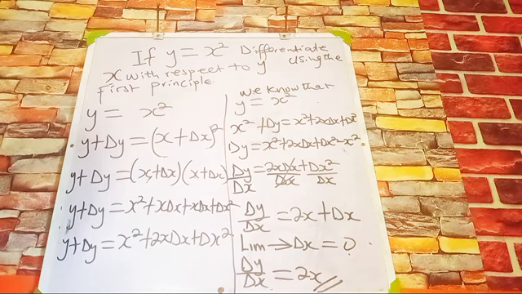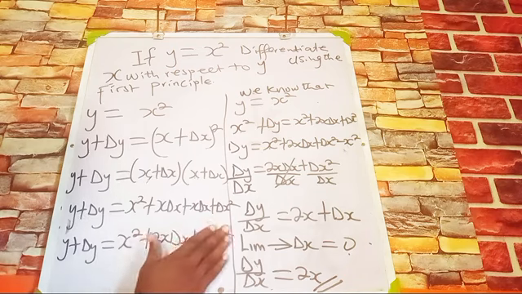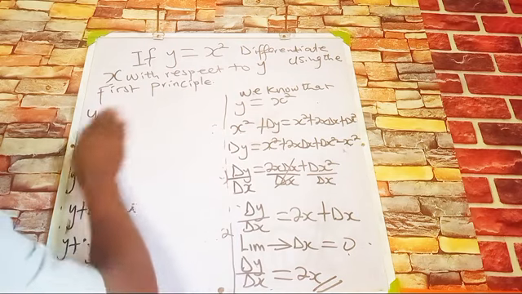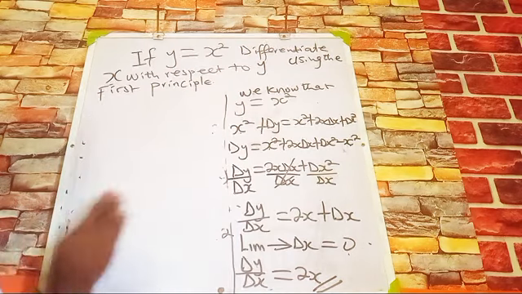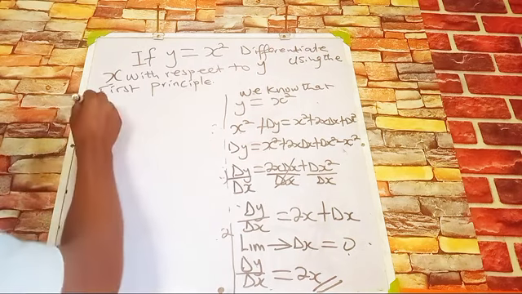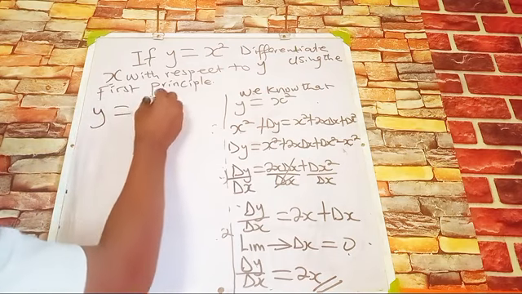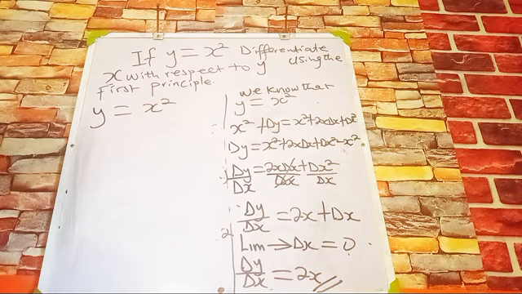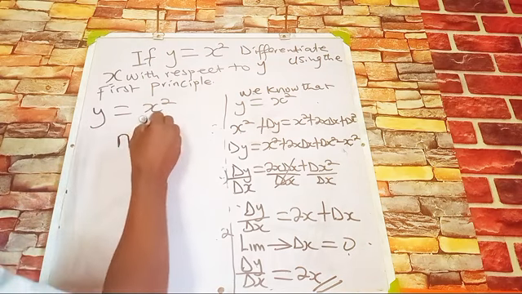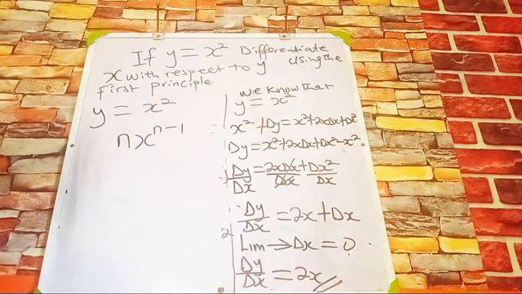But in solving this, you can just solve this in 2 steps, and let me show it to you, so that whenever you have it, you will not have to go stressing yourself going the long way. What you will do when you have y is equal to x squared, this is the formula you are going to use: n x to the power n minus 1.